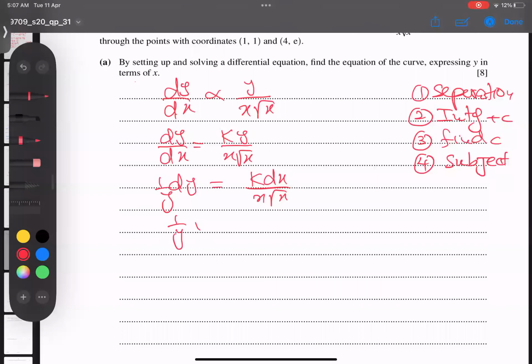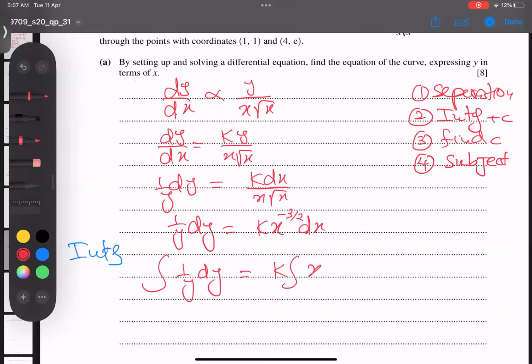This is half plus 1, 3 by 2, because the power of x is 1 and half plus 1 is 3 by 2. So k x to the power 3 by 2 comes up, negative 3 by 2. Now I'm doing integration here. So integrating the left side and integrating the right side. You can keep k outside or inside, no issue at all, because it is a constant.